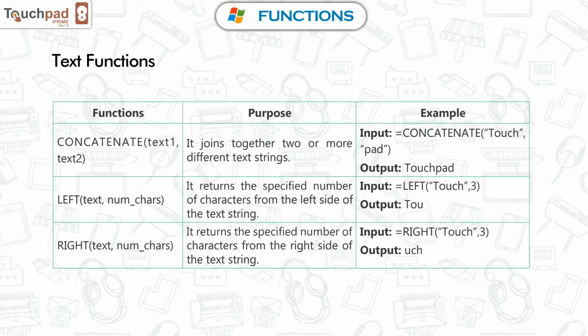Text functions. Functions, purpose, example. CONCATENATE(text1, text2). It joins together two or more different text strings. Input: =CONCATENATE("touch", "pad"). Output: touchpad. LEFT(text, num_chars).